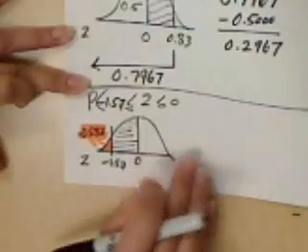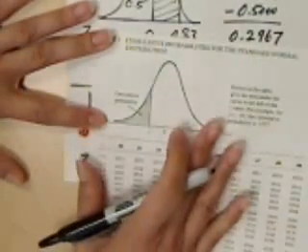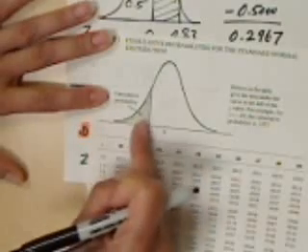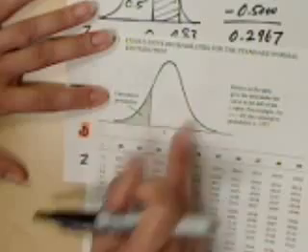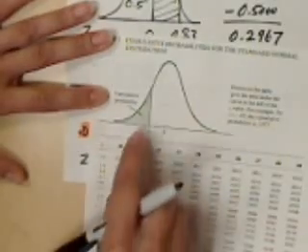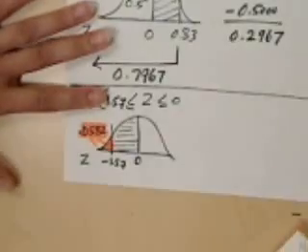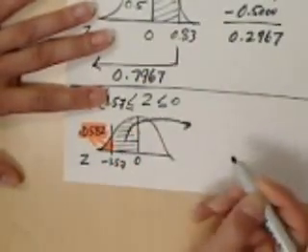And the reason why I know that is because this table in your book gives me the cumulative area all the way from the left end of the curve all the way to the z value that I read from the table. So I know this end area is 0.0582. But I'm interested in this shaded area.